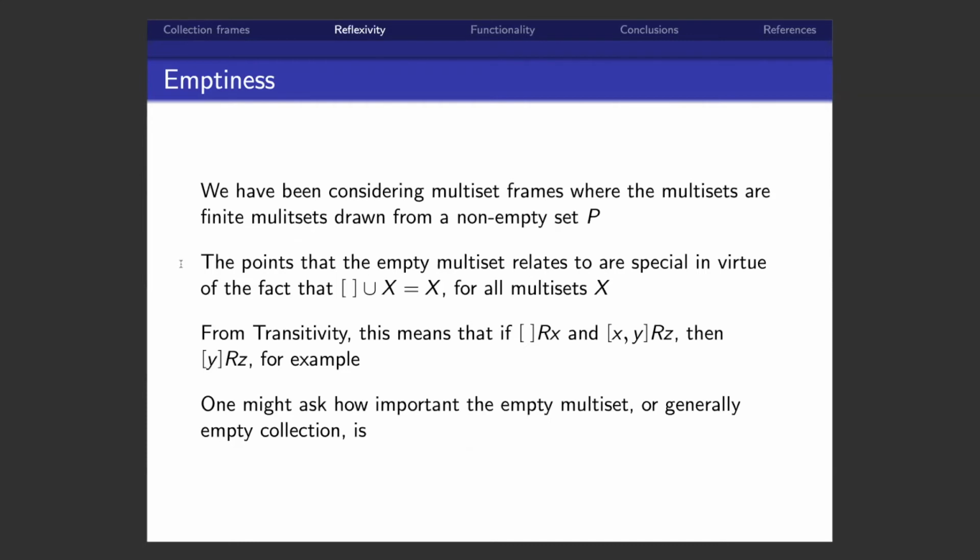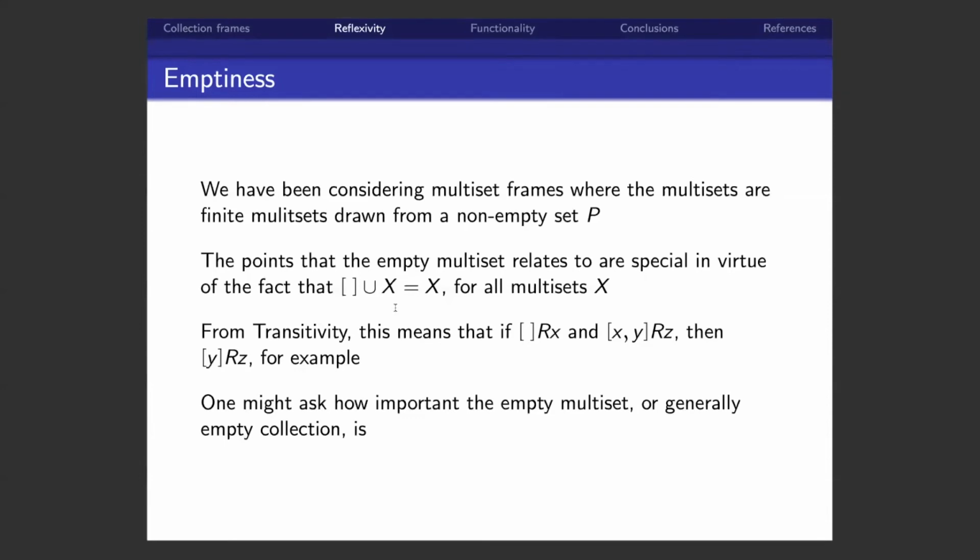But the empty multiset is very special. It has a lot of distinctive features, in virtue of the fact that any multiset is identical to itself union empty. And so if we're using evaluation and transitivity, that has a lot of effect on how points are related to other points, or how points appear in different collections or in different multisets.